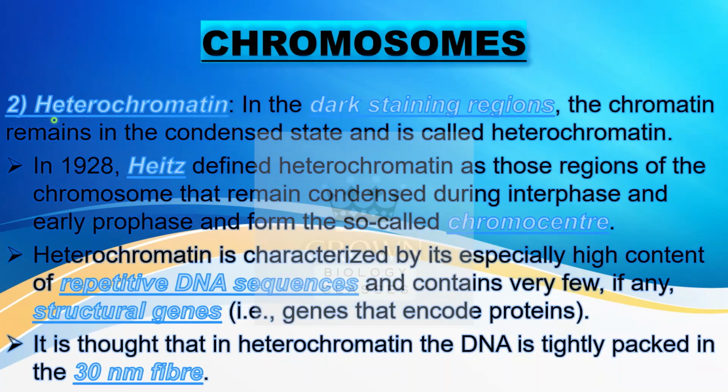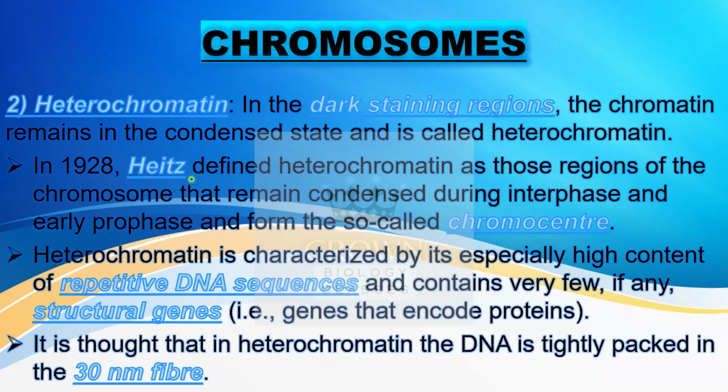The second type of chromatin is heterochromatin. The portions of the chromosomes that are darkly stained remain in the condensed state, and the chromatin is known as heterochromatin. Unlike euchromatin, this heterochromatin will be inactive for transcription. That means this heterochromatin cannot be transcribed.